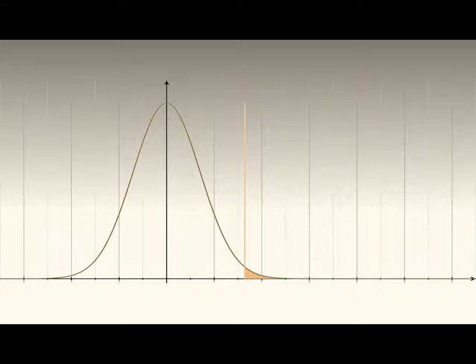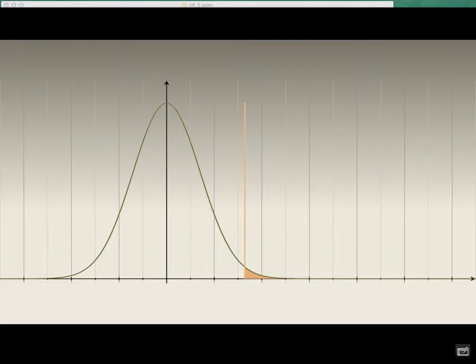Okay. Do you guys recognize what this orange is supposed to be? The probability of. We've talked about this before. Okay. Let me help you out a little bit. It might help you to know that the area of that region is 0.05.